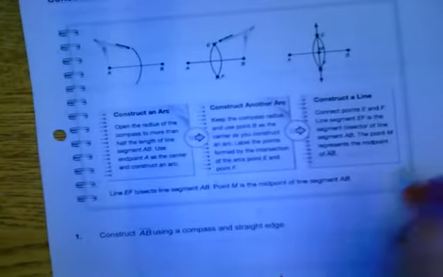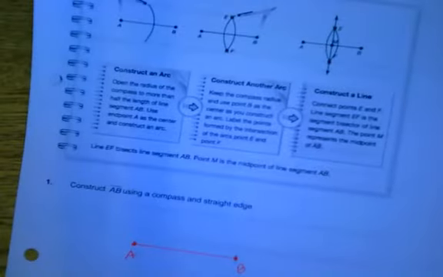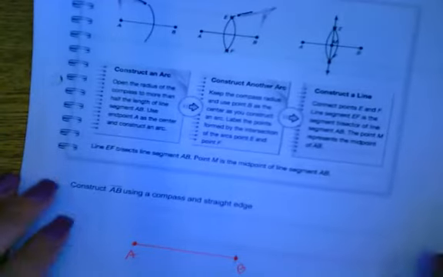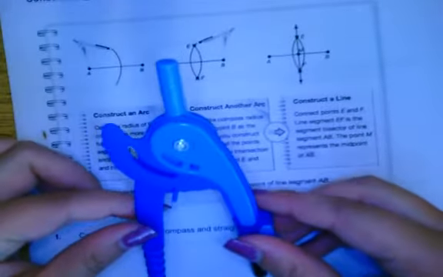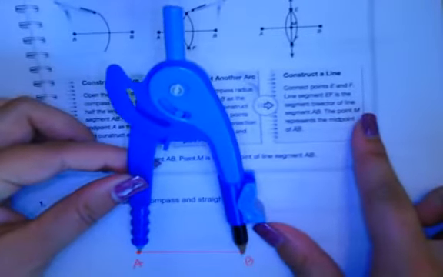Use your straight edge and draw a line. Okay, that is segment AB. Make sure you do not adjust your compass. Keep that distance, and turn the page. So keep your AB distance and turn the page.